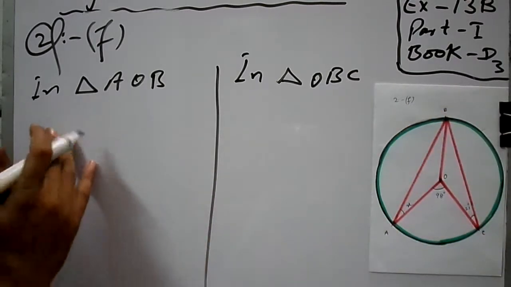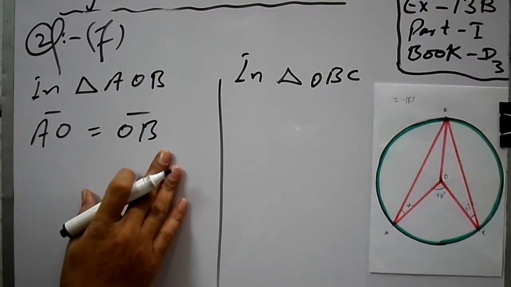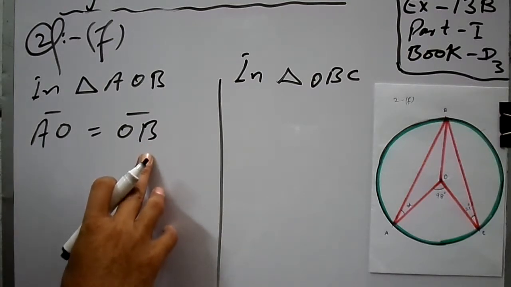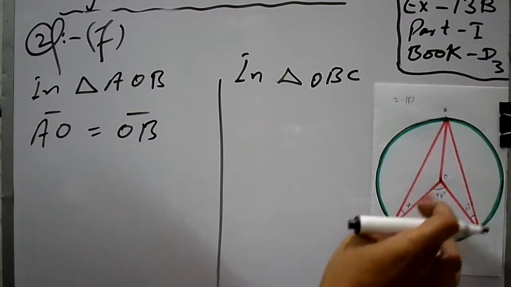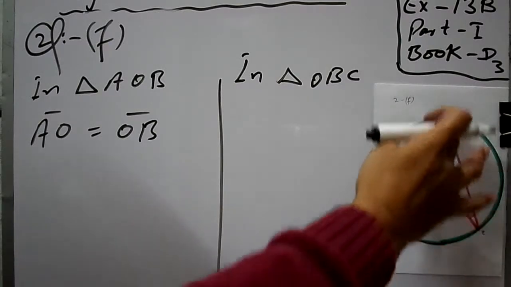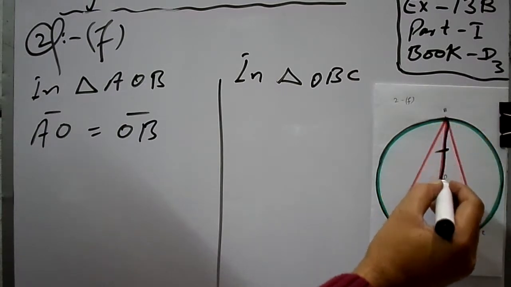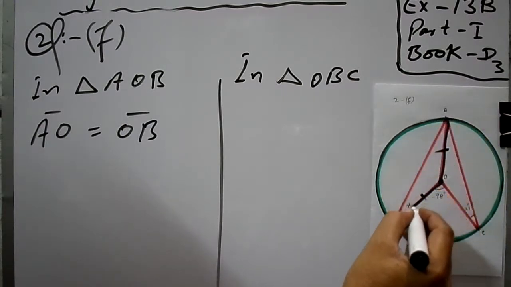So you can see in this triangle OA is equal to OB, radii of the same circle. So this side must be equal to this. So this is the radii of the same circle.